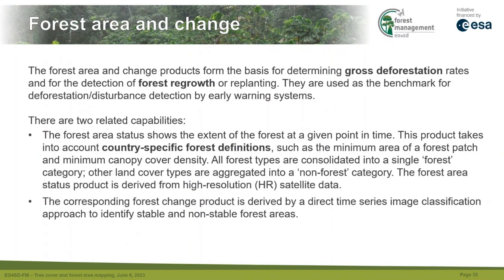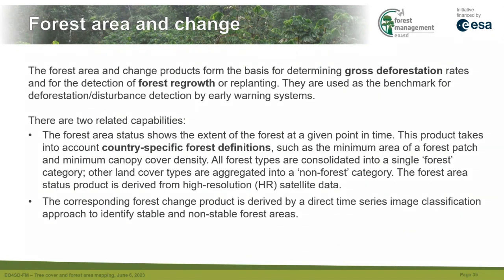And there are two related capabilities. The forest area status shows the extent of the forest at a given point in time and takes into account the country-specific forest definitions, as discussed before. In this, all the forest types are consolidated into a single forest category, and other land use or land cover types are aggregated into a non-forest category.